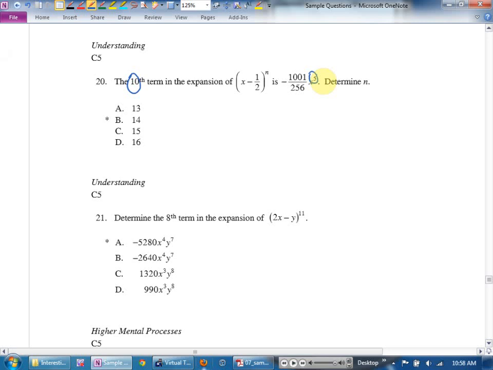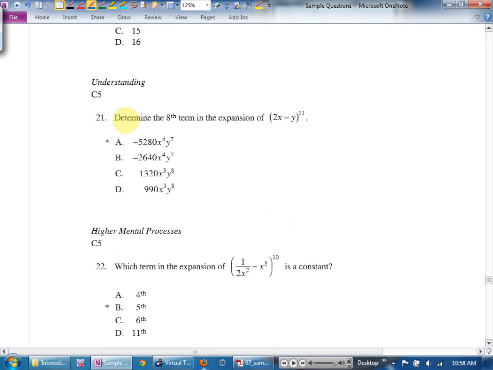Here's your question. Determine the 8th term. This is where we use this formula. So if I want term 8, what does k have to be? What's n? Yeah, don't do that.